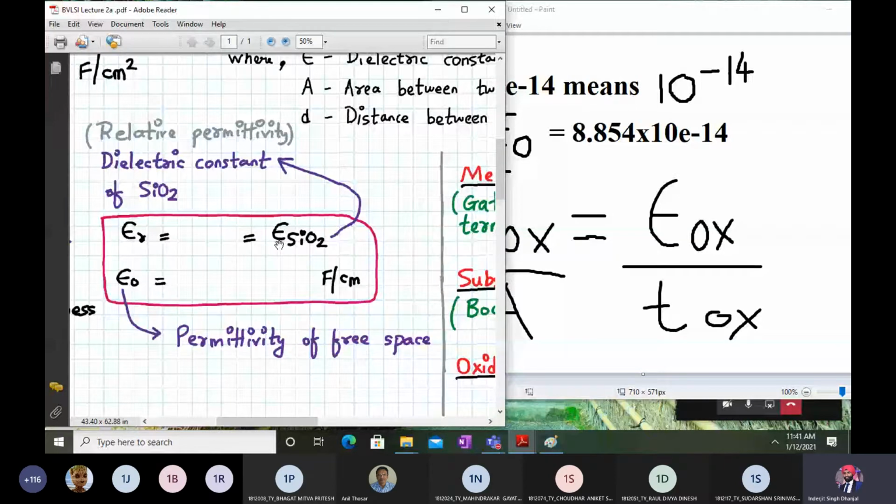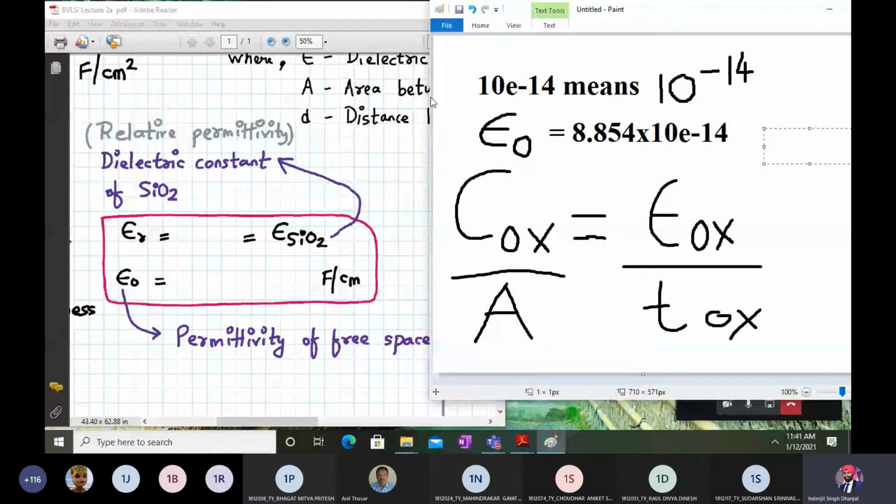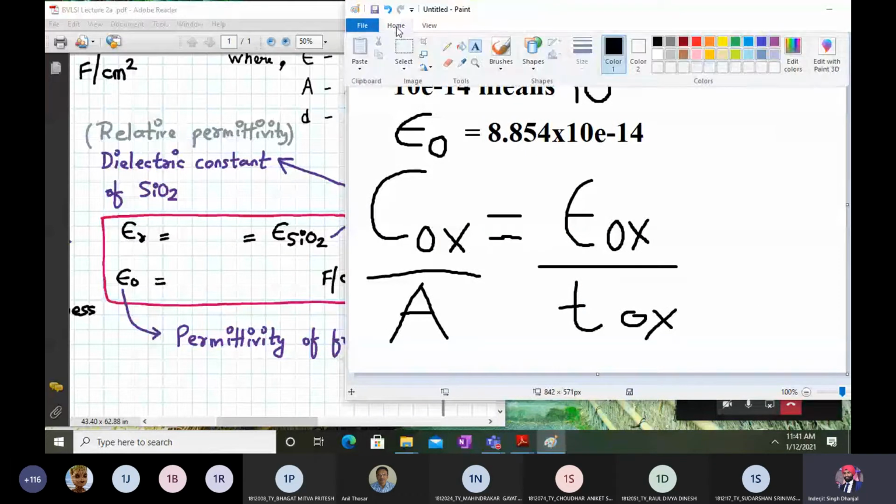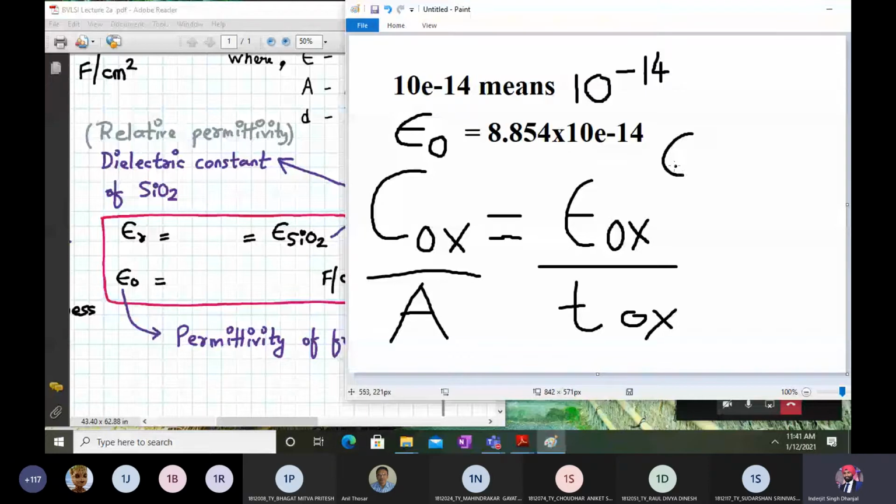Let us write that value over here. Okay, let me just extend this a little. Okay, fine. So now I am ready to write the values here. So epsilon R value is given by 3.97. Kindly note it down. 3.97.